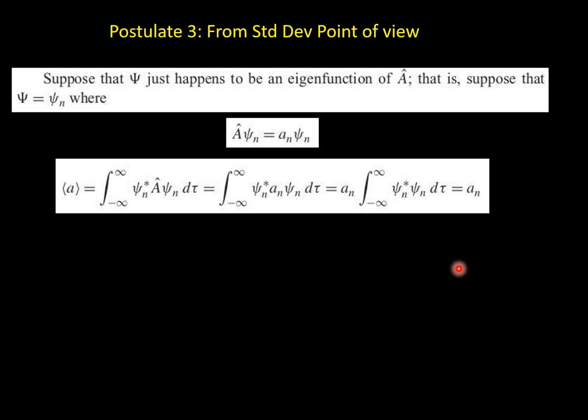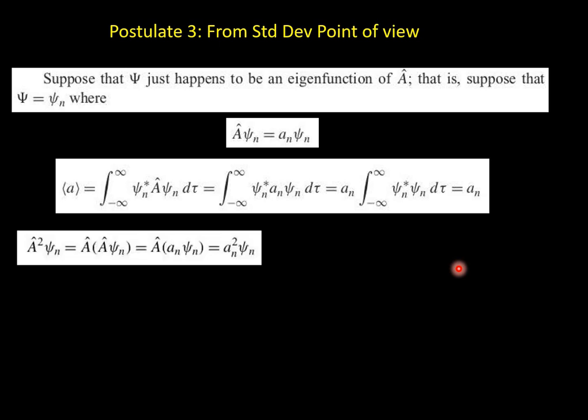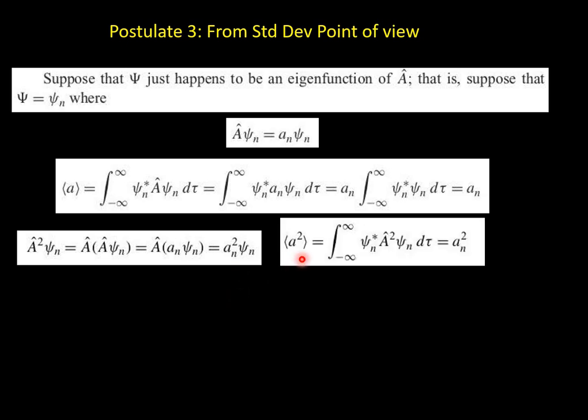Now what about A square average? A square psi n is A acting on A psi n, and A psi n is small a n psi n. It comes out. So again A hat psi n gives you another a n, and finally you will get a n square psi n. Now you take the average. So A square average by definition is the function enclosed by the A square operator, because A square psi n, as we have seen, is a n square psi n, so that would come out leaving psi n star psi n, which is 1.